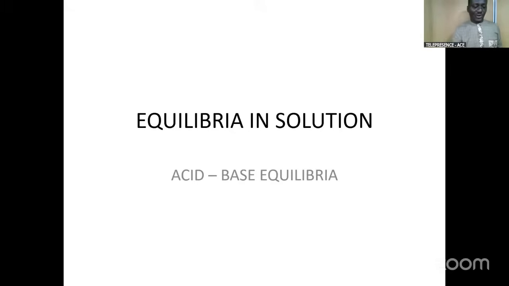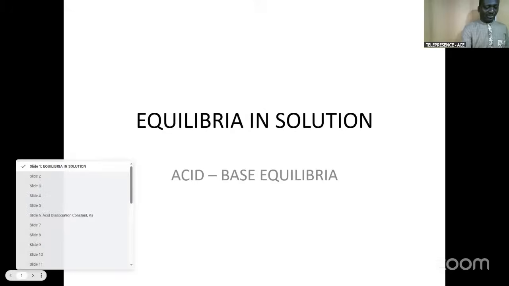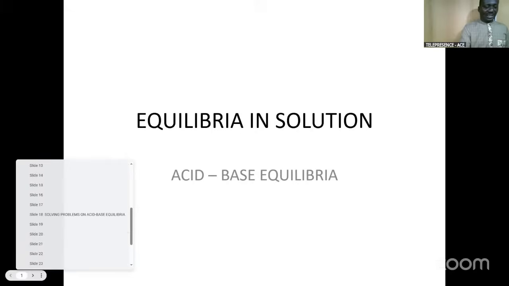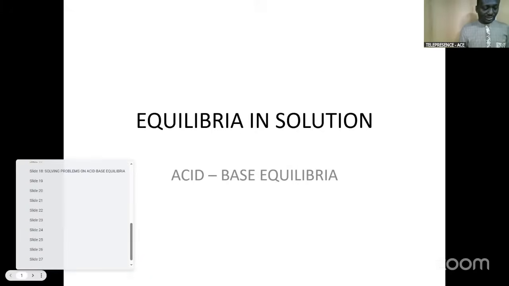So we continue in our study on equilibria in solution. We have made progress. We have been able to see the importance of equilibria in solution, how it affects our daily lives. We've seen the importance of the measurement of pH and, of course, pOH of any aqueous system.